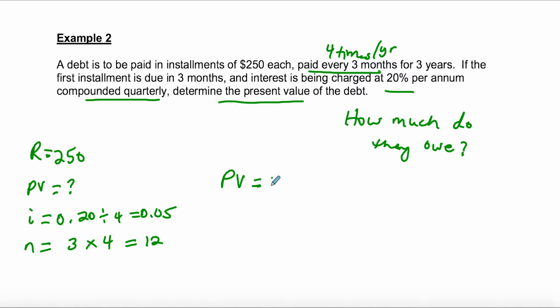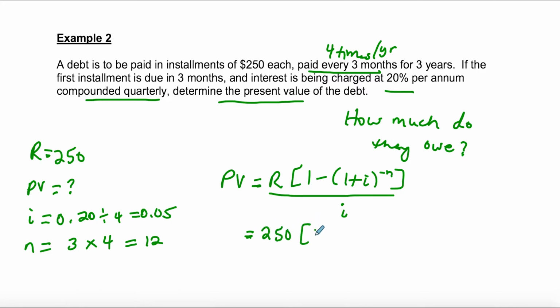Present value equals the regular payment, 1 minus (1 plus i) to the negative n, divided by the interest rate. So we just sub everything in. So 250, 1 minus (1 plus 0.05) to the negative 12, divided by 0.05.